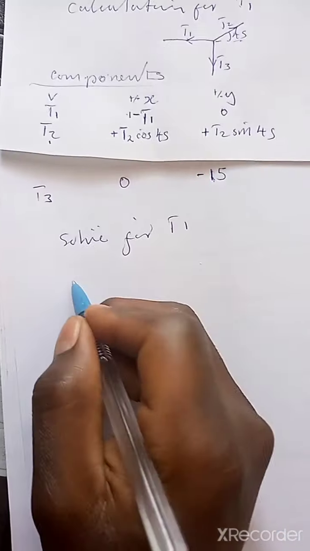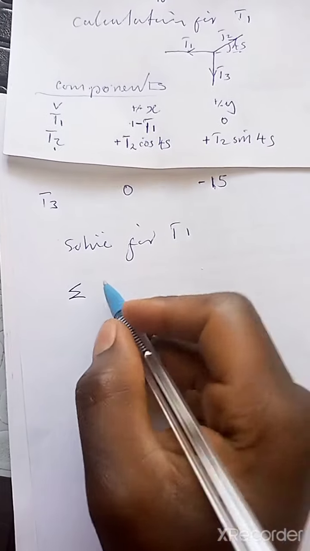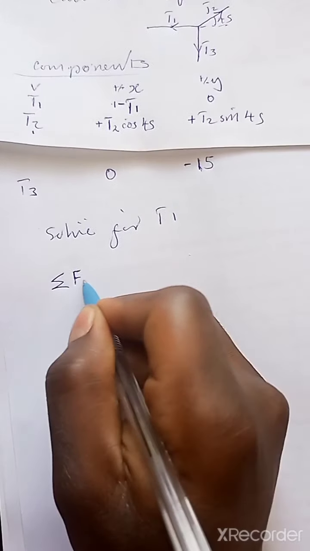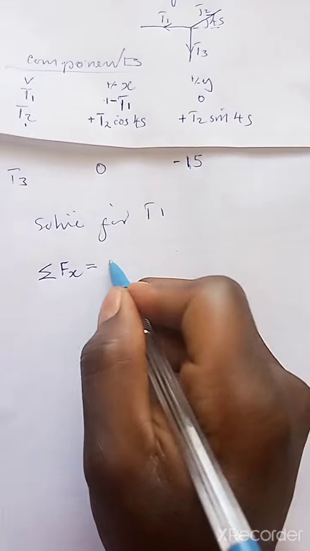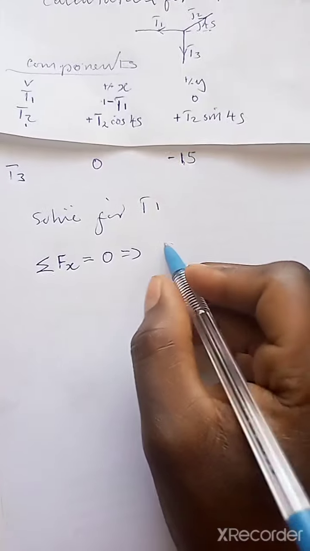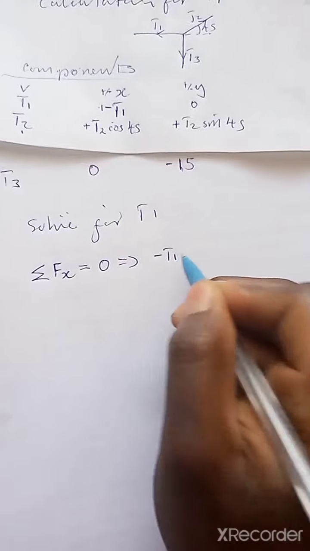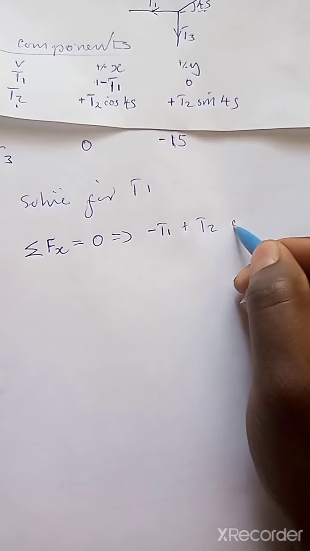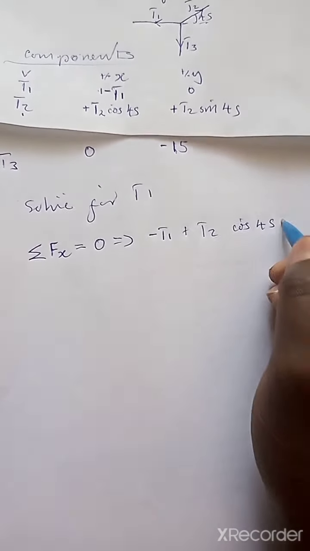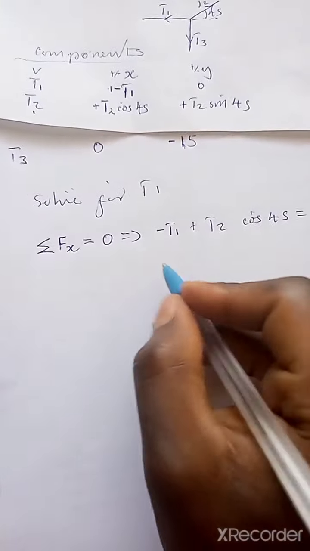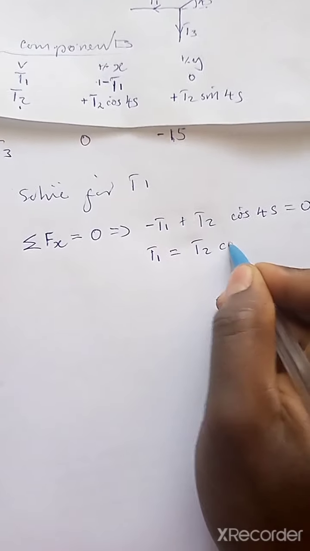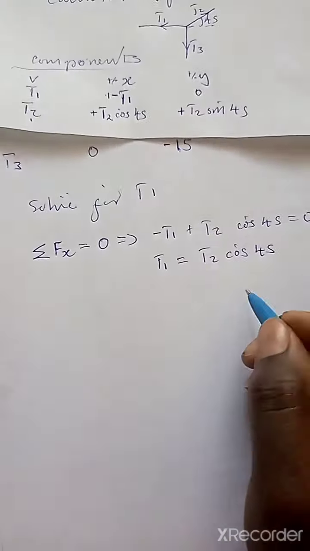So we'll come back to our equilibrium conditions, and summation of forces in the x should be equal to 0, which implies that minus T1 plus T2 cos 45 should be equal to 0. This simply means T1 is equal to T2 cos 45.